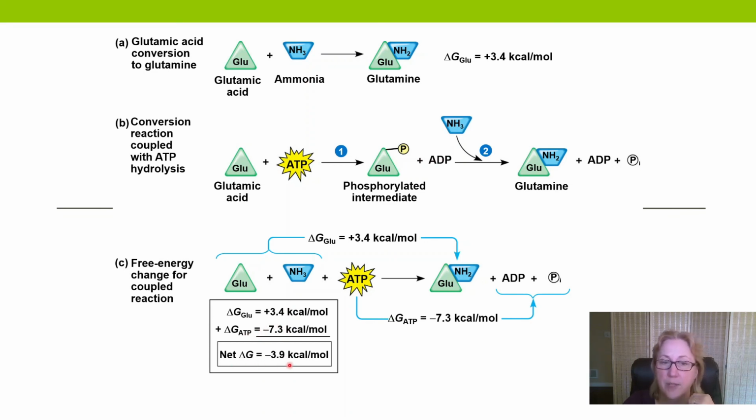So that's enough. So now our overall reaction has a change in free energy of negative 3.9 kilocalories per mole. It's now a spontaneous reaction. But keep in mind, it's actually the second one that's now the spontaneous reaction. The actual synthesis reaction has been made spontaneous because this first reaction here has had energy added to it.